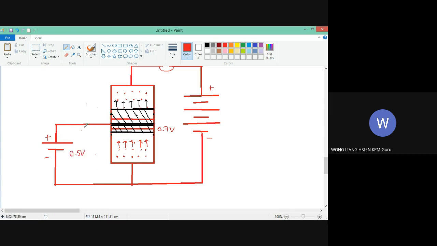So what will happen is, this small power source is forward bias to these two layers of the semiconductor. This is P type, this is N type.